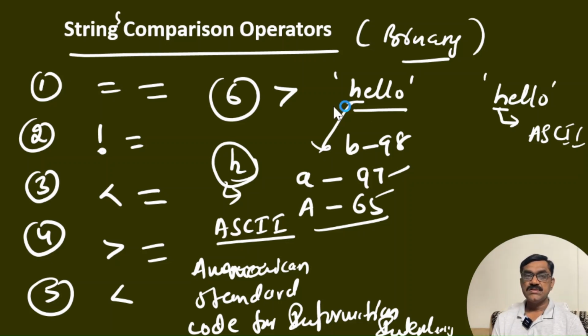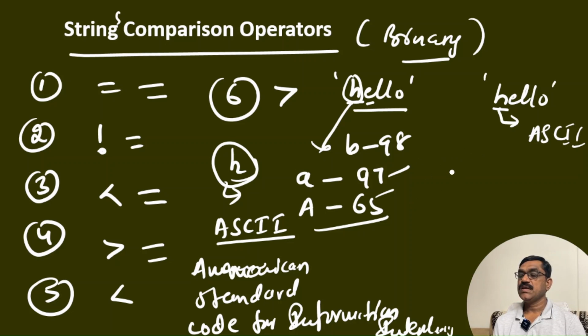The comparison is done by taking the ASCII values of the first string and second string, character by character: first character of the first string against first character of the second string, then the second characters, and so on. It takes the integer values. If the integer value is less than that of the second string, it comes under less than. If they are equal, it comes under equal. If they are not equal, it comes under not equals.